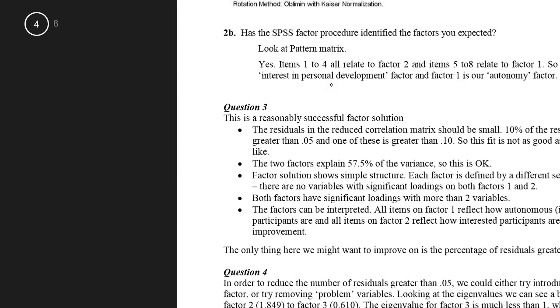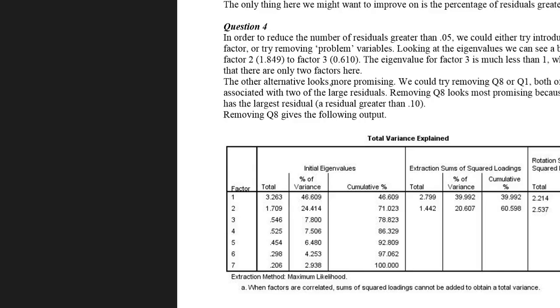For question 3, which we already looked at before, it's a reasonably good factor solution, but the residuals aren't great. Going down to question 4, it says that in order to reduce the number of residuals greater than 0.05, we could try introducing a third factor, or we could try removing problem variables. Looking at the eigenvalues, we can see a big drop from factor 2 to factor 3.